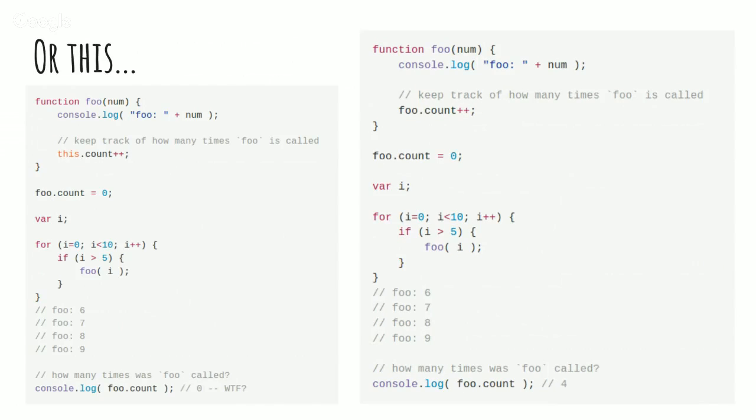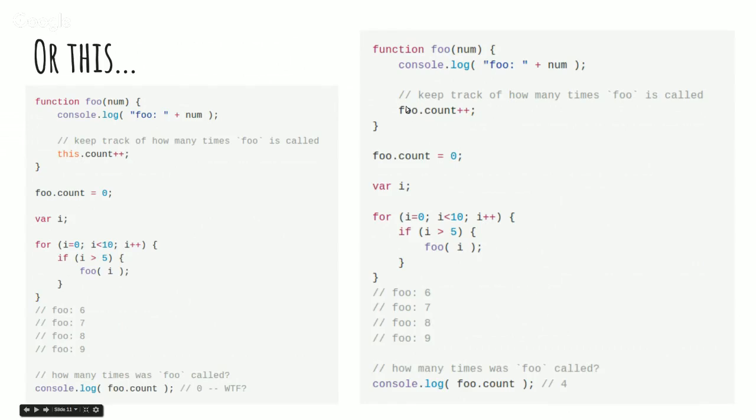Okay, here's another example. This is that same code that we had before. Now we're going to compare it to this one here. In this case, we've got function foo. This all looks kind of the same, except that in this case, we've got foo.count rather than this.count. And we run through, and this works correctly, because in this case we are, in fact, referring to function foo.